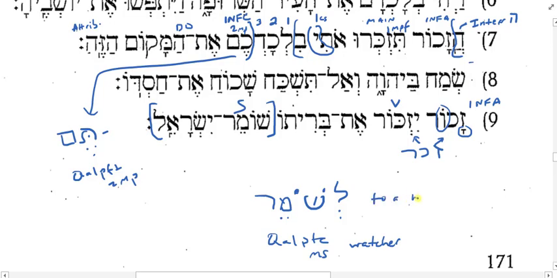To a watcher, okay? Le shomer, to a watcher. I could attach a bet preposition to a substantival participle, couldn't I? Be shomer would be not to a watcher, but in a watcher, or maybe with a watcher. I guarded the city with a watcher.